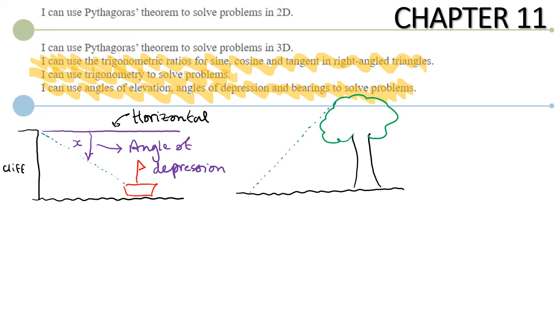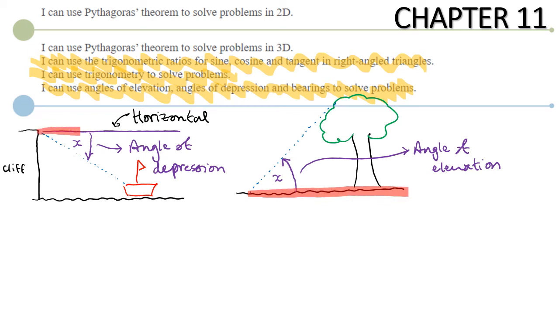Then this angle here from the horizontal again going up, this is called the angle of elevation. So we're either looking up or looking down from the horizontal. So in both cases, the angle is measured from a horizontal. It's either going down from the horizontal, or it's going up from the horizontal.